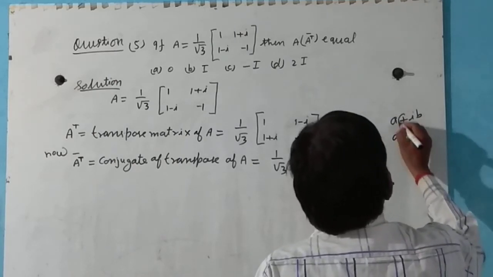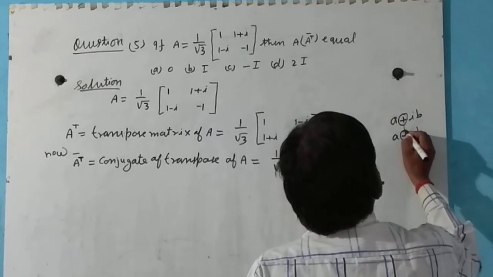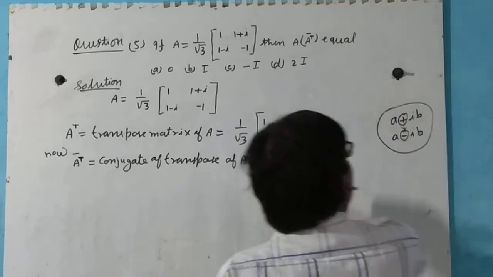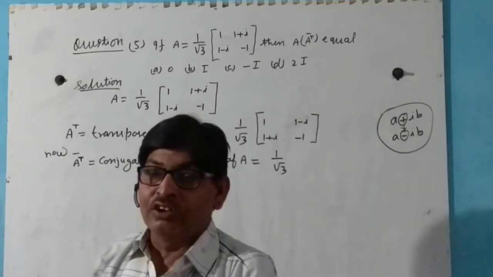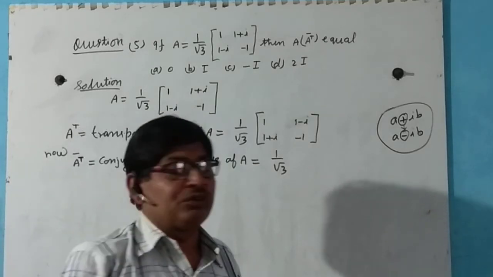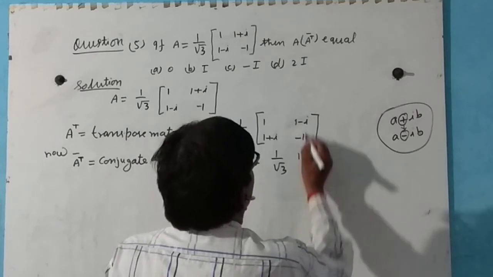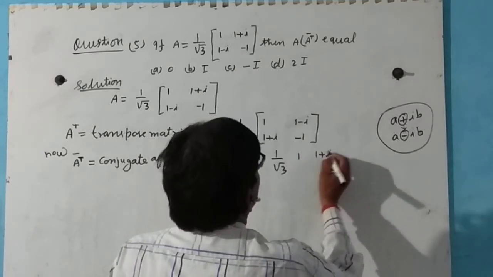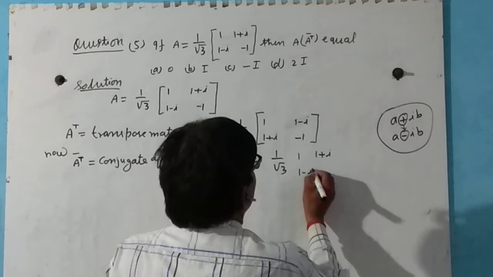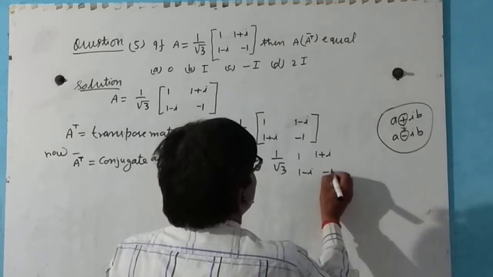It means that this sign will be changed, and we get the conjugate matrix. Now here in this case 1 plus I and here 1 minus I and minus 1.